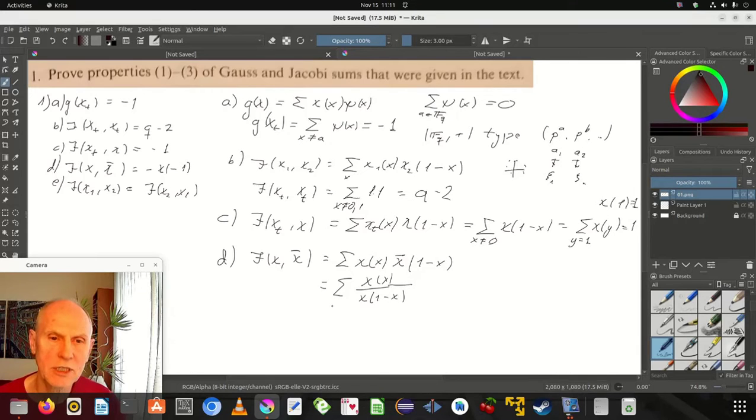And of course we must take away x equals the unit element. And then I just got this idea.